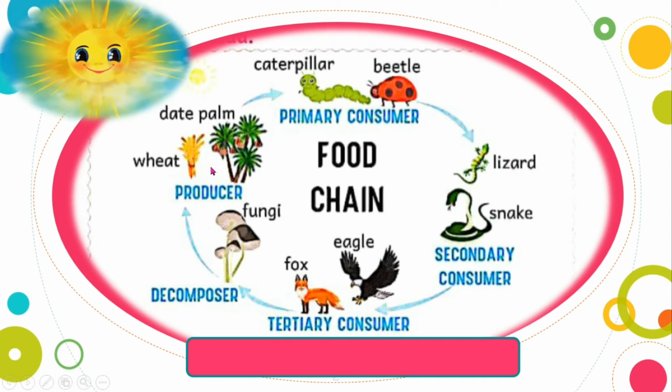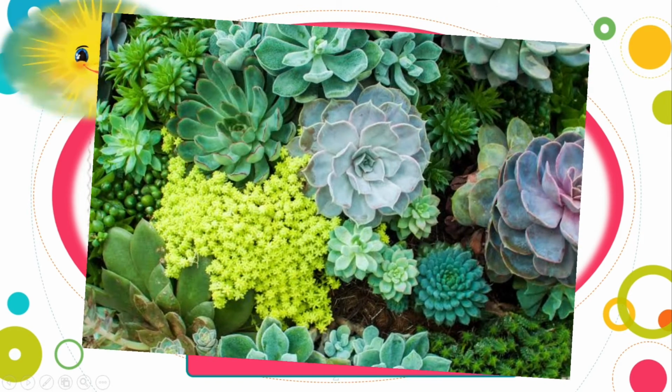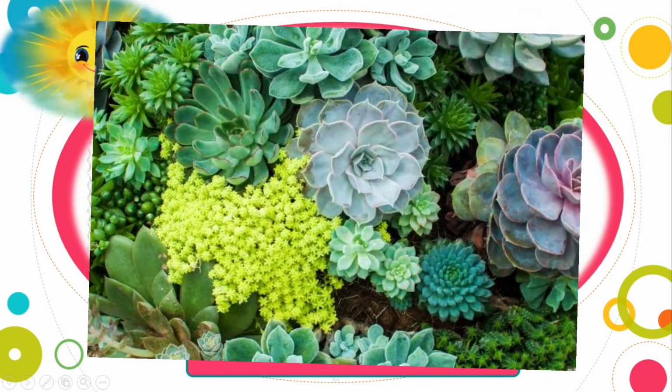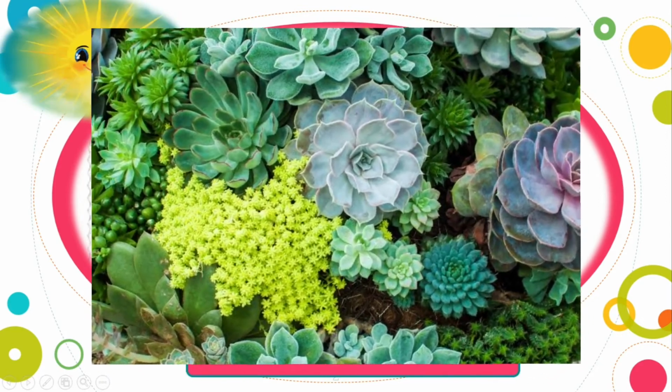These are called producers. They get energy from the sun. As you can see here, the sun gives energy to the plants, and the plants are called producers.